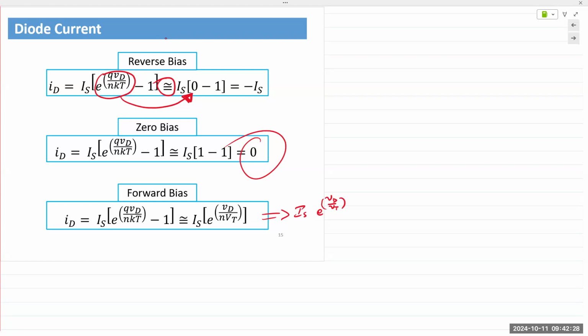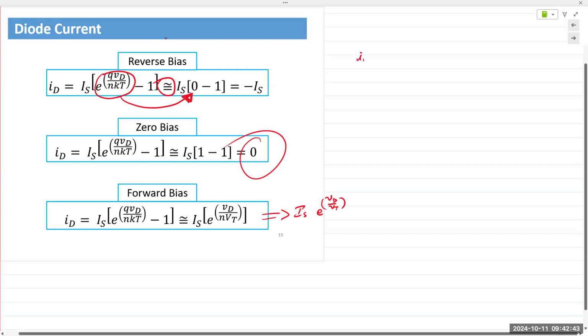So we have the equation for the diode current for an applied voltage. We can rearrange the terms to obtain an equation for the diode voltage in terms of the diode current. We just simply move everything on the other side, right? So we have ID divided by IS. Take IS on the other side.